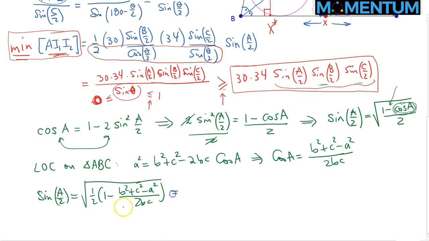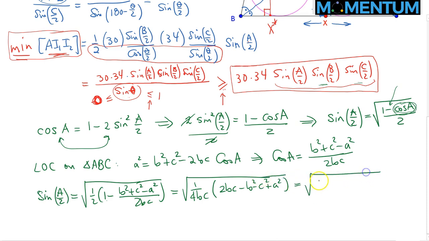We can find the common denominator of 4BC, and we can factor out the 4 if we want, or we can just keep it, and eventually when we multiply them out, it will all vanish. So we have the square root of 1 over 4BC, and having the common denominator here, we will have 2BC minus B squared minus C squared plus A squared, and this can be finally written as 4BC. Okay, so the inside would be A squared.